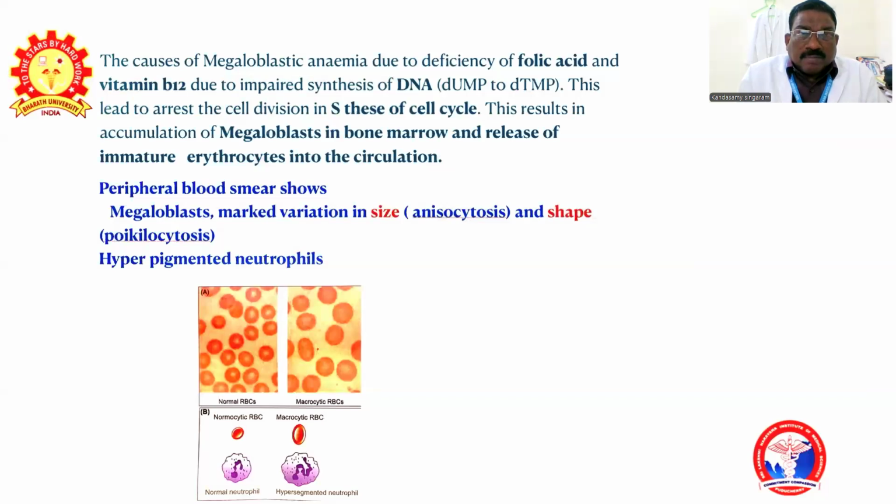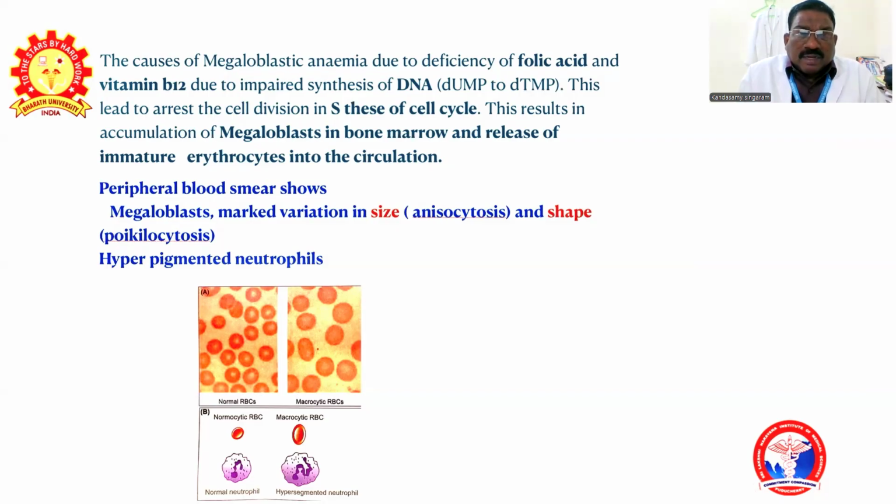The cause of megaloblastic anemia is the deficiency of both folic acid and vitamin B12, due to impaired synthesis of DNA, that is the conversion of deoxyuridine monophosphate to deoxythymidine monophosphate. This leads to arrested cell division in S phase of the cell cycle.